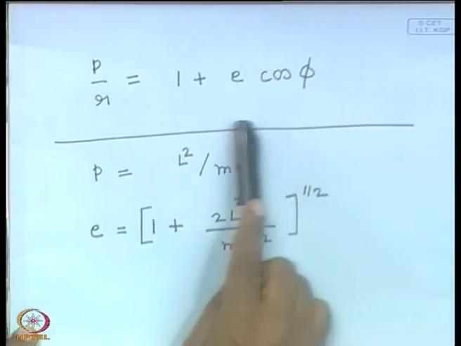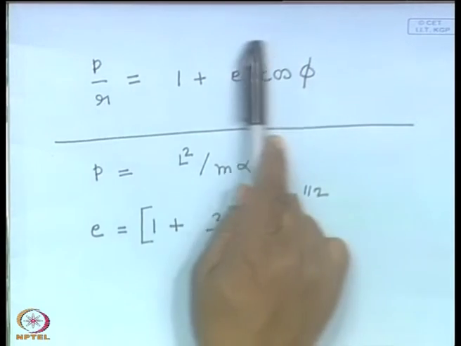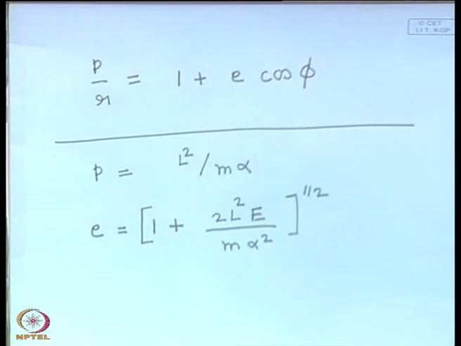So, let us now spend a little time interpreting what we have just worked out. The first thing is that this equation describes what is called a conic section, which I am sure all of us are familiar with.